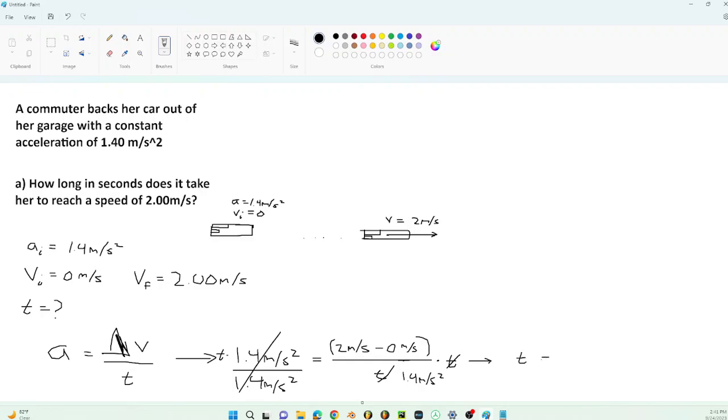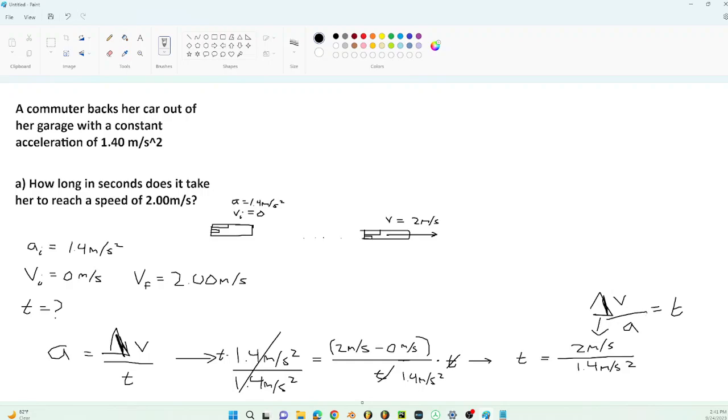t is equal to 2 meters per second over 1.4 meters per second squared. In other words, we're dividing our change in velocity over acceleration, our constant acceleration or average acceleration. And this gives us the amount of time that it took to acquire this velocity.